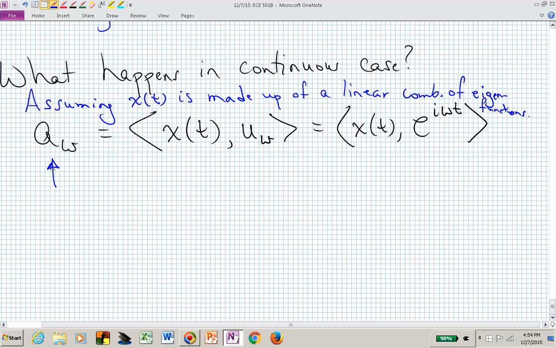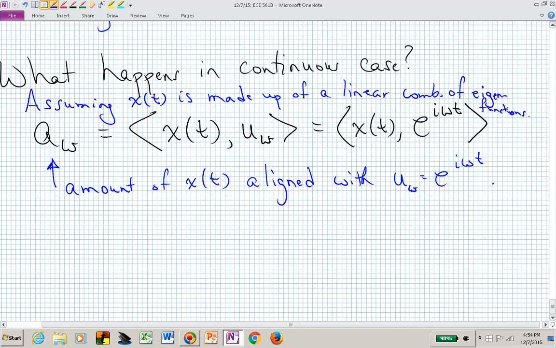And this a of omega is really now the amount of our input, x of t, aligned with the eigenfunction u of omega. That's a particular eigenfunction, u of omega.